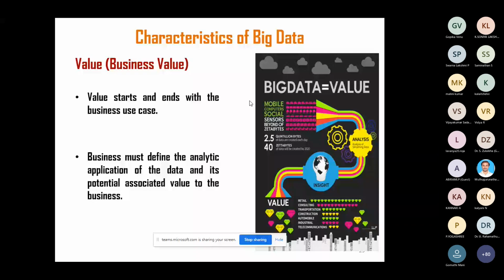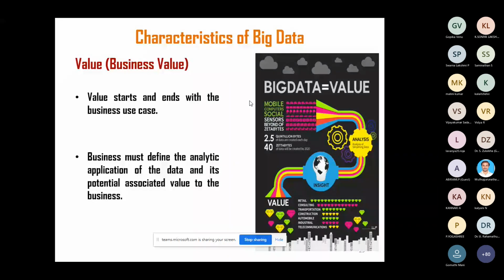much profit. For example, in a year-end sale, Amazon has to decide what amount of stock they are supposed to maintain at the year end, and what kind of products they are supposed to consider for selling. Based on the previous year, they have to take some decision, and on that basis they can maintain the stocks.